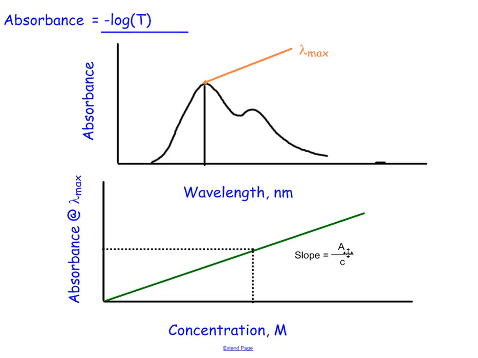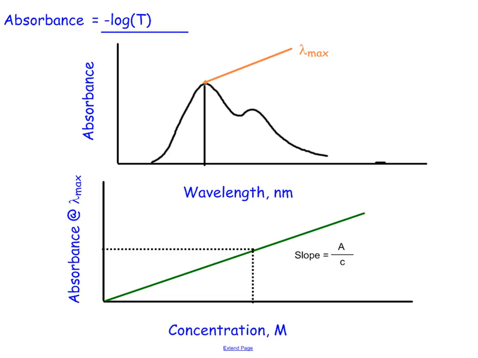The slope of the line is the absorbance divided by the concentration, and if I end up with some unknown solution, I can just put it in the machine, read its absorbance, and figure out its concentration. So that's really useful for figuring out the concentration of some unknown colored materials. It doesn't work for colorless ones because, keep in mind, all the light passes right through.